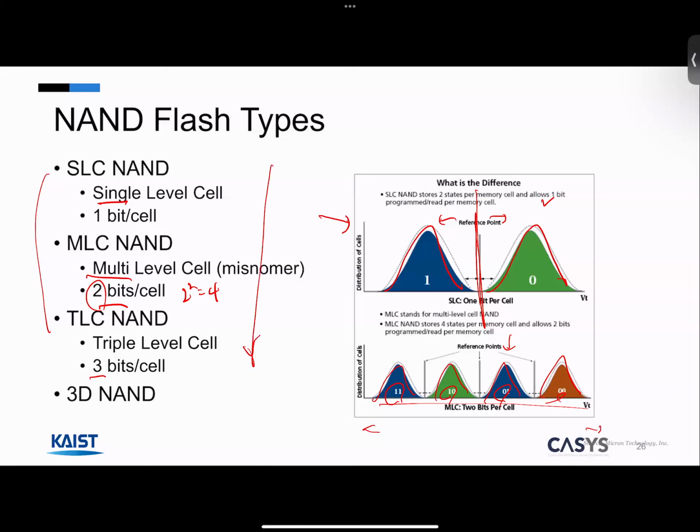So what are the consequences of increasing the bits per cell? For the same size, it guarantees much larger capacity. However, in SSD, unlike hard disk, this distribution is not always beautiful like this one. Sometimes it's distorted, or some reference point is hard to distinguish between 0 and 1 when you are writing, when you put the voltage on the same cell.